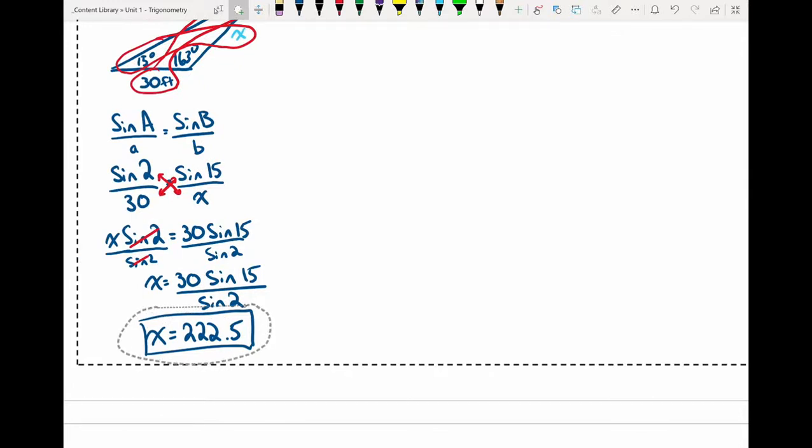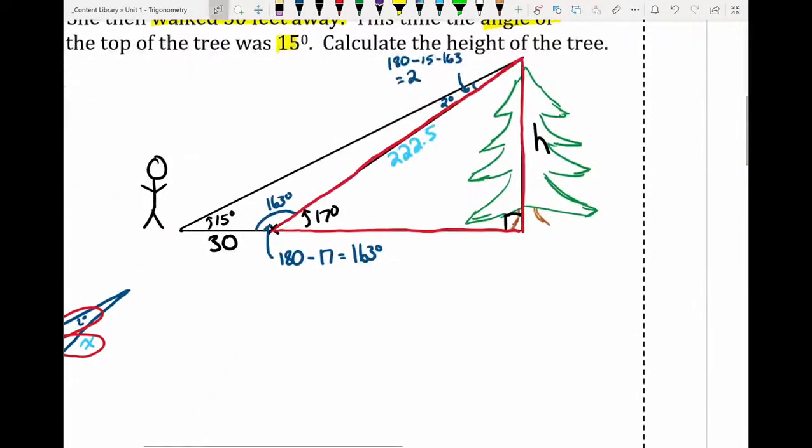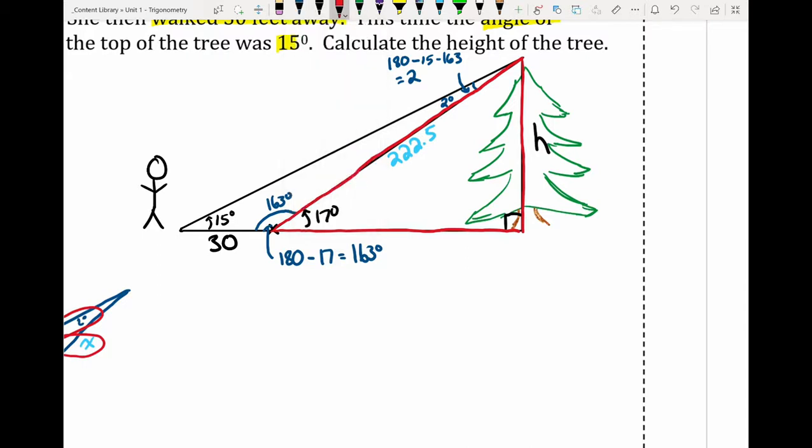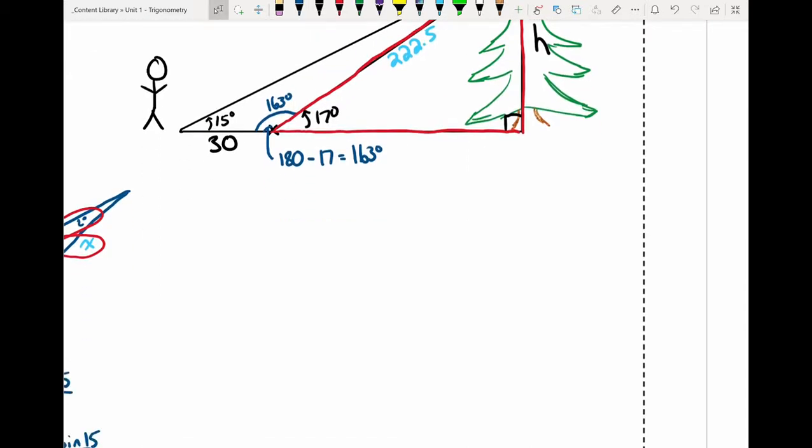Color code that light blue so we know where that answer is. So that we now know that distance, from your eye level, or from the person, to the top of the tree. And I can use this to figure out the height of the tree, because now I can just deal with the red right angle triangle.